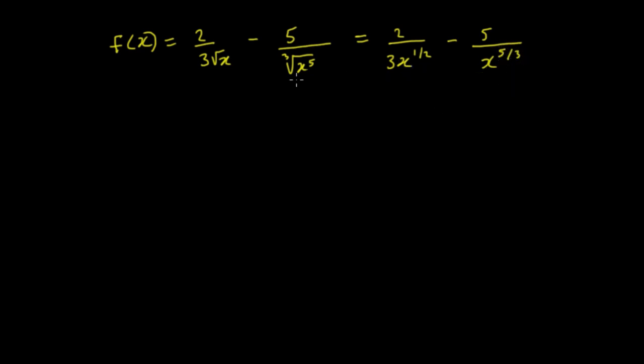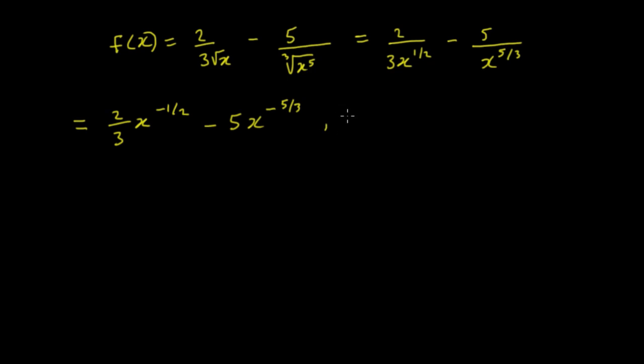So we want the x's on the top line, so that's going to be the same as writing 2 upon 3 x to the minus a half. And the second one is going to be the same as writing 5 times x to the minus 5 upon 3. So now we can do the differentiation.